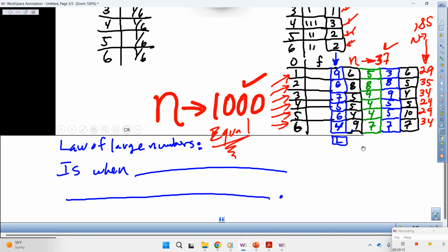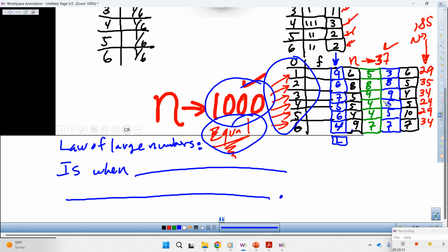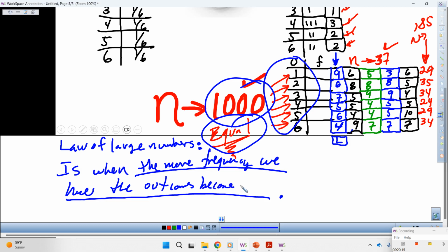Amelia. Law of large numbers is when the more frequency we have, the outcomes become equal to each other.